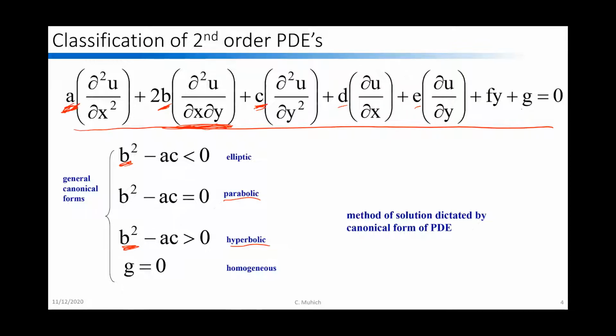And then if g is 0, so there's no constant out here, this is called homogeneous. The solutions of some of these problems, especially the analytical solutions, are going to be based on which of those forms they are. And we're going to focus right now on these elliptical forms.